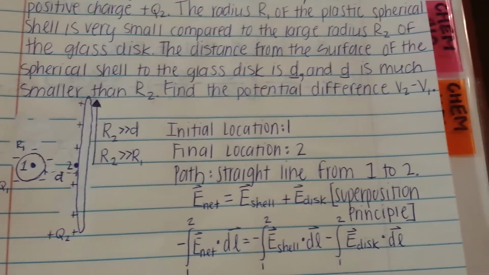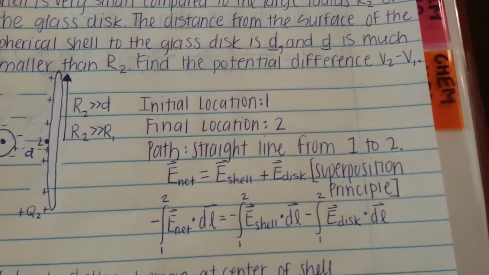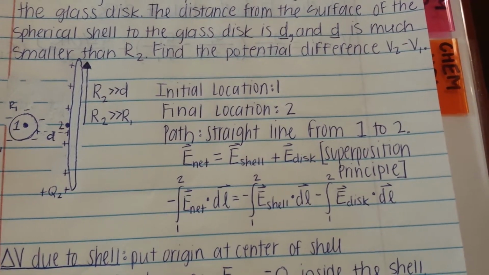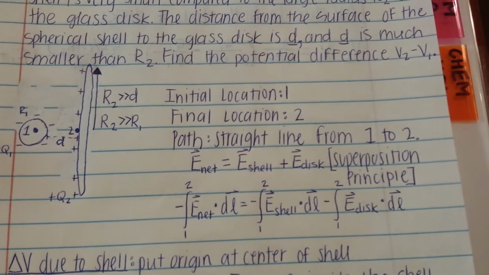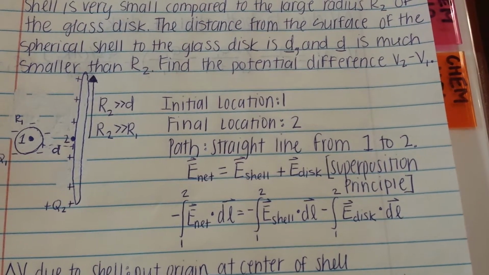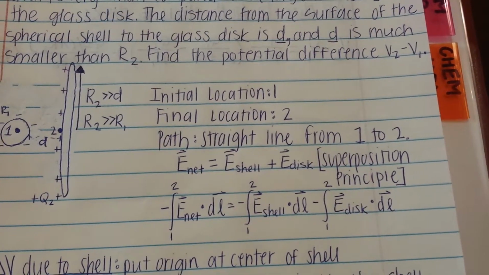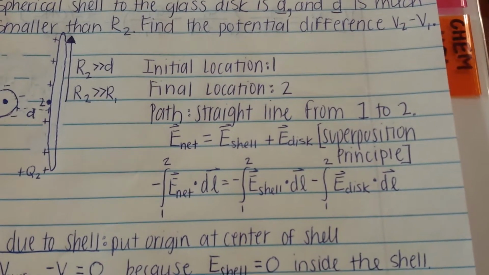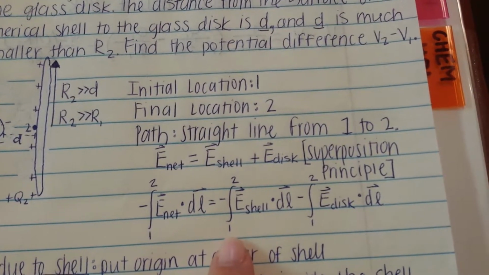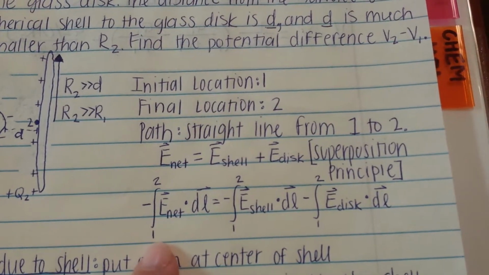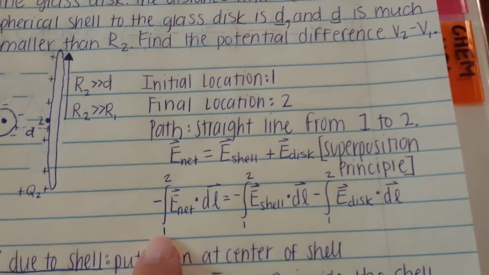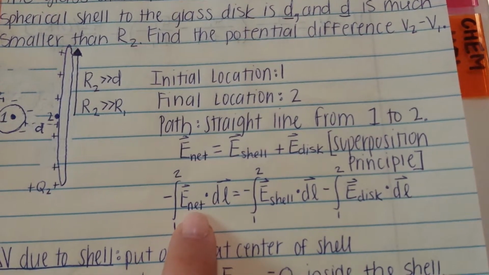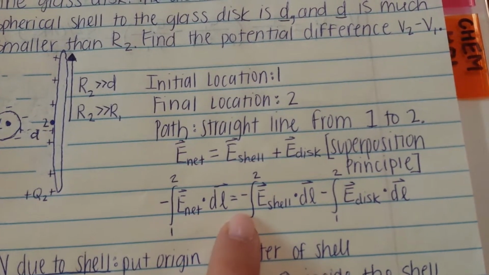So knowing that, we can use the superposition principle to find the net electric field, and that's just going to be the electric field of the shell plus the electric field of the disc. And so from knowing the equation for the potential difference, we can integrate the negative integral from 1 to 2 of E net times dl.